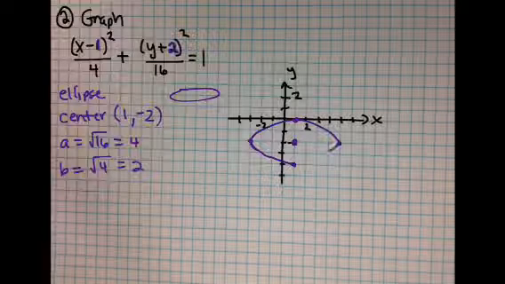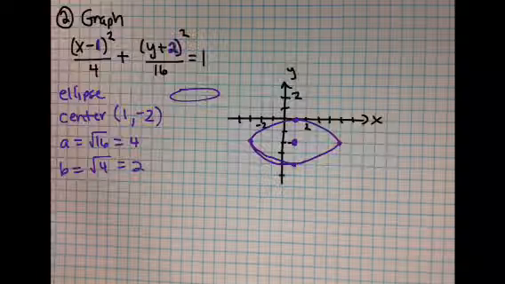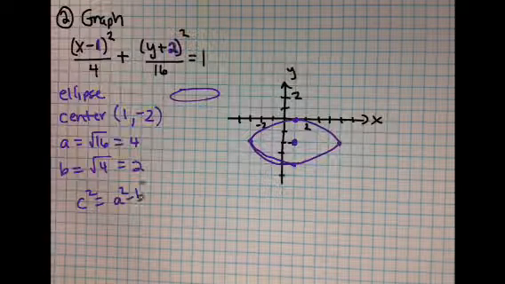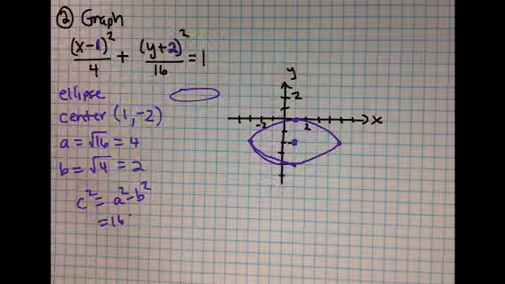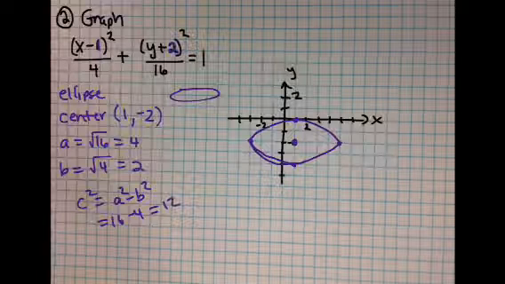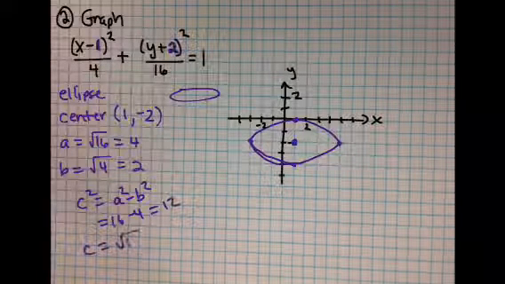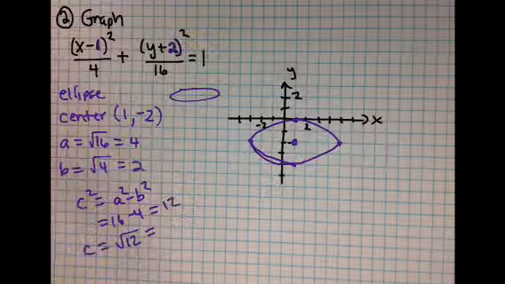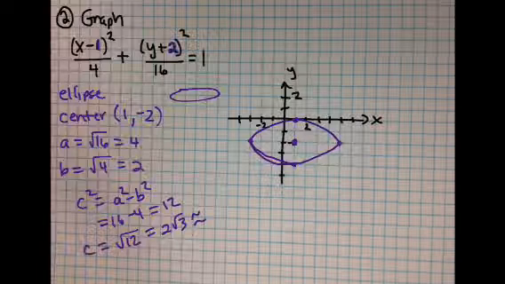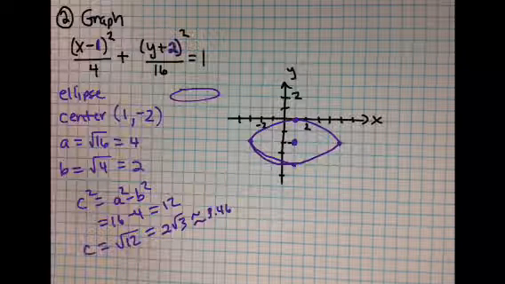Now it doesn't ask you to label the foci. If we wanted to label the foci, remember that's c squared equals a squared minus b squared. So that would be 16 minus 4, which is 12. And so you would take the square root of 12, which is the square root of 4 times 3, so that's 2 radical 3, and approximately, let me get my calculator, it's 3.46 from the center.